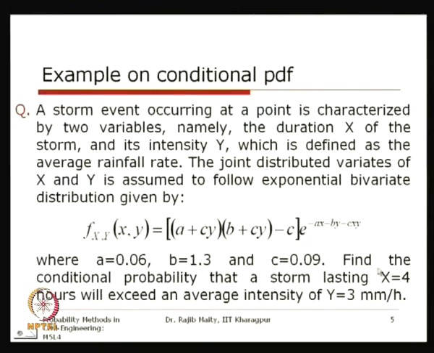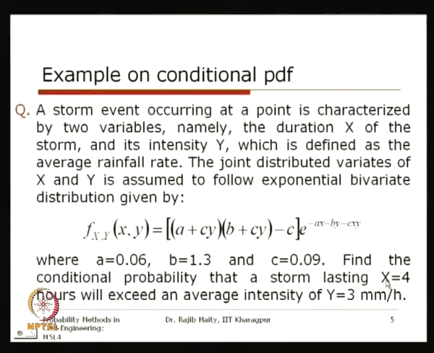Now, what is looked for is to find the conditional probability that a storm event lasting x equals 4 hours, so the duration is 4 hours, will exceed an average intensity of 3 millimeter per hour. Here the unit of the intensity is millimeter per hour, and x is in hours. These constants are of course related to the units of the random variables being considered.